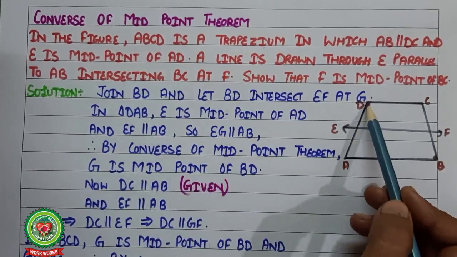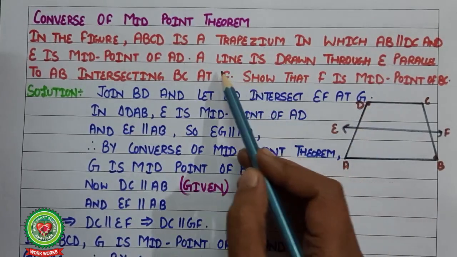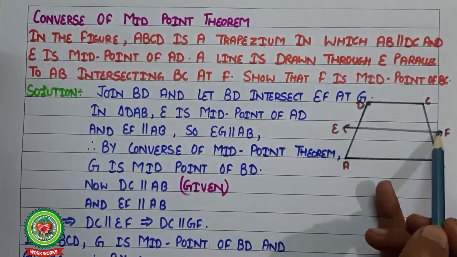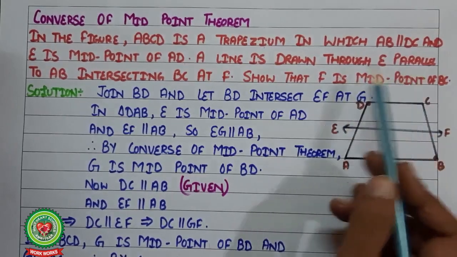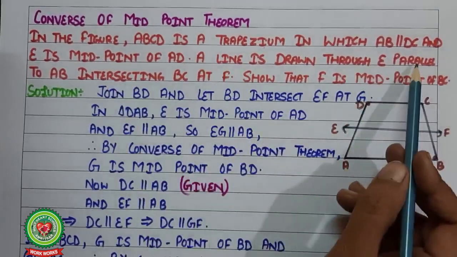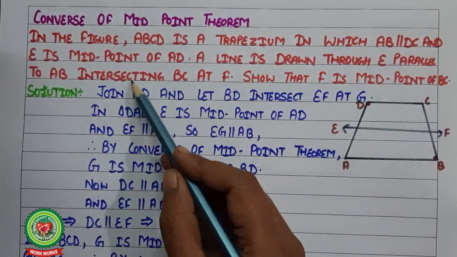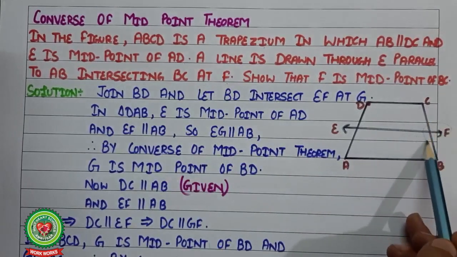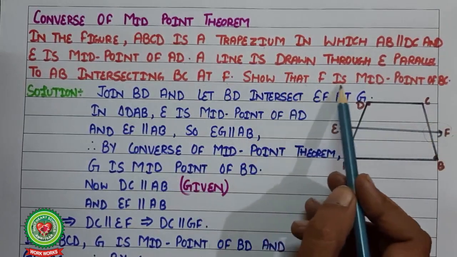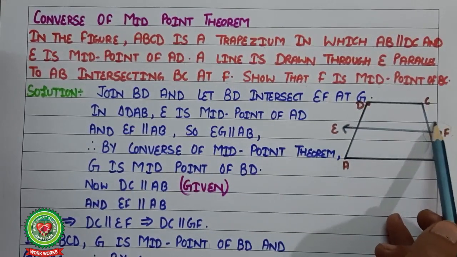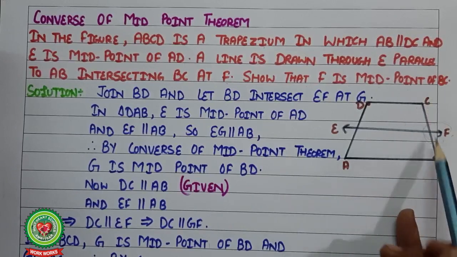A line is drawn through E, parallel to AB, and it intersects BC at F. Show that F is the midpoint of BC. We have to prove that this is the midpoint of BC.